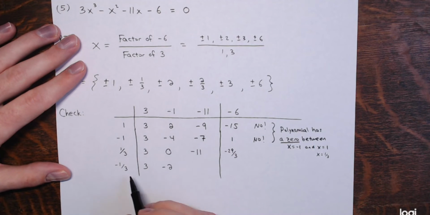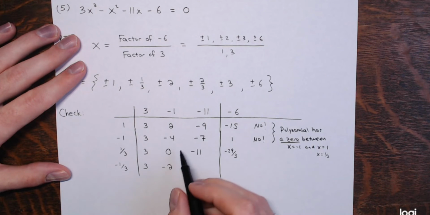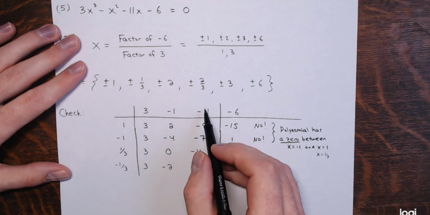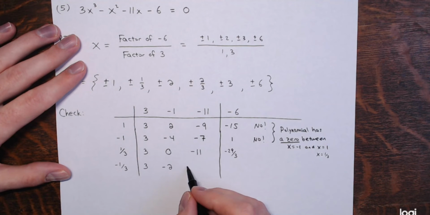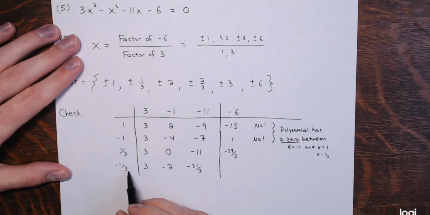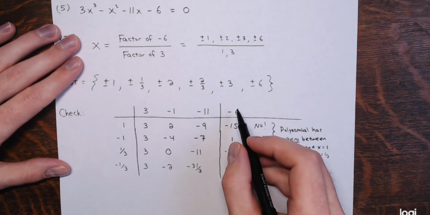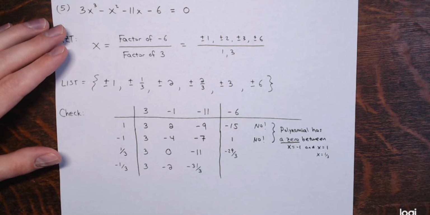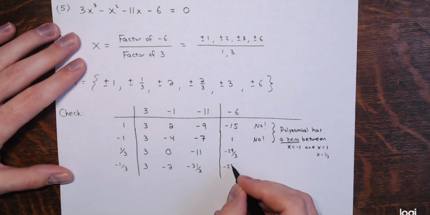Then positive 2/3, minus 33 thirds minus 11. So positive 2/3 minus 33 thirds would be negative 31 thirds. So I don't think this is going to work. This is positive 31 ninths, minus 54 ninths. 6 is 54 ninths. 31 minus 54, that's negative 23 ninths.